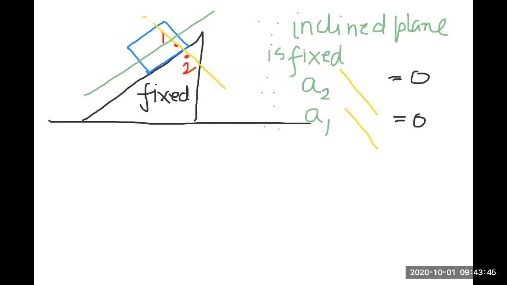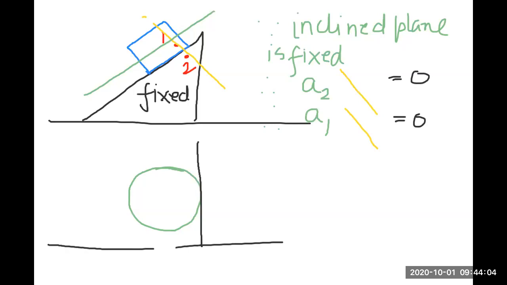Well, let's take an example. So we have a sphere like this, and we have an inclined plane like this, and we have an inclined plane like this.